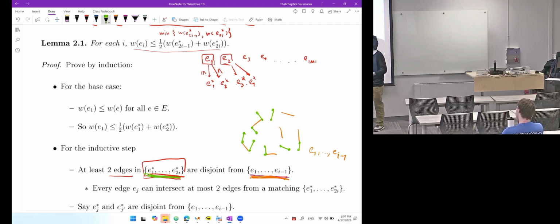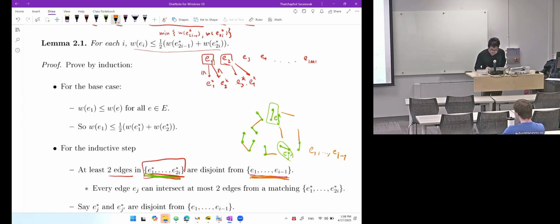So there's going to be at least two green edges that are disjoint from the orange ones. Okay. So let's say these are two edges, Ej and Ej prime. These are the ones that are disjoint from the orange edges here.